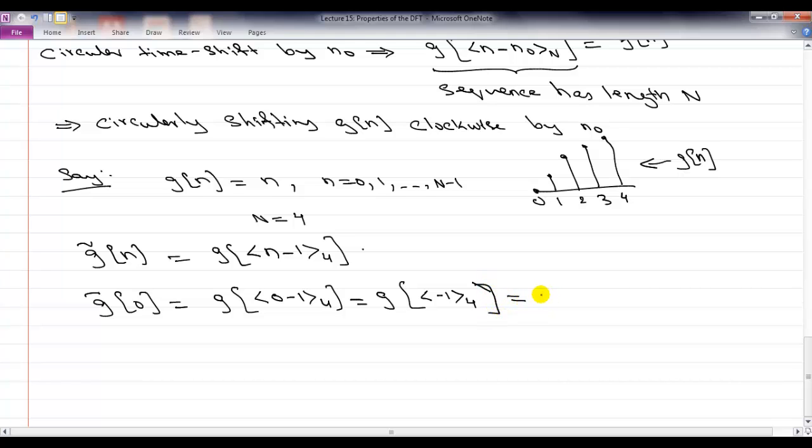That will be equal to, according to the definition we had, g of 4 minus 1, equal to g of 3. Okay. And so g of 3 is simply defined as 3. So g tilde 0 is g of 3.